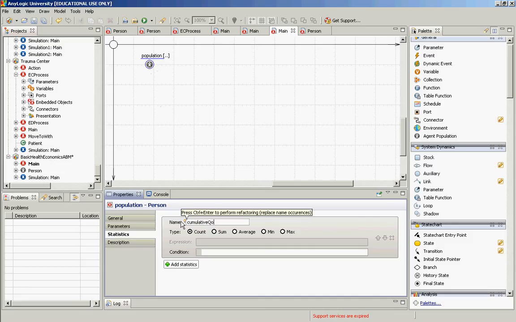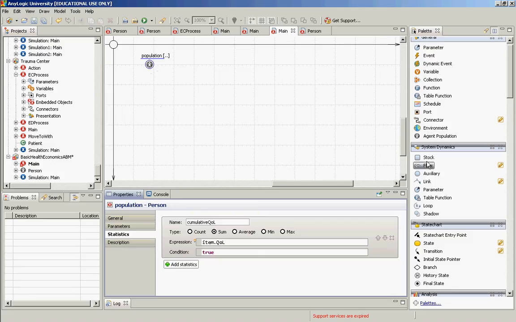So cumulative quality of life across the population. This is a sum. What are we summing up? Well, we're summing up over all individuals, so condition is true, and we're summing up those individuals' quality of life. Okay.